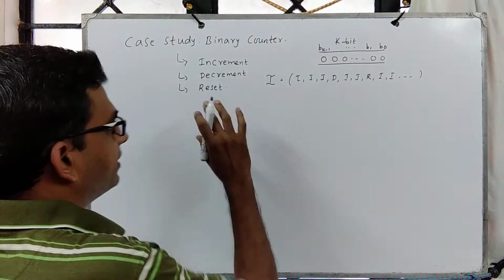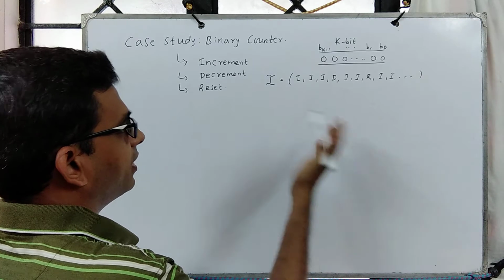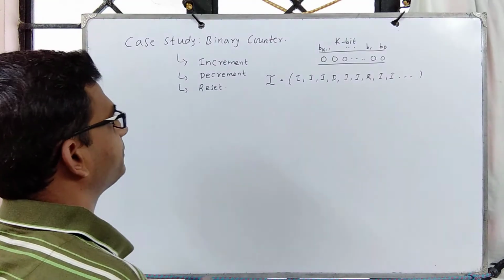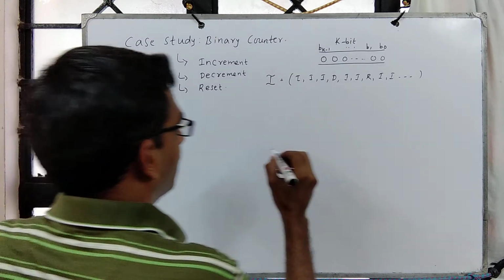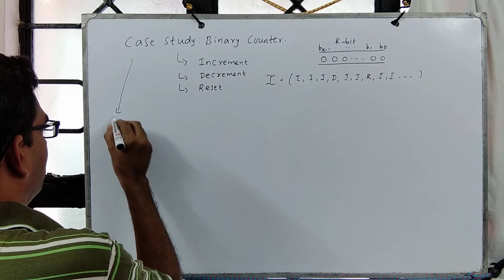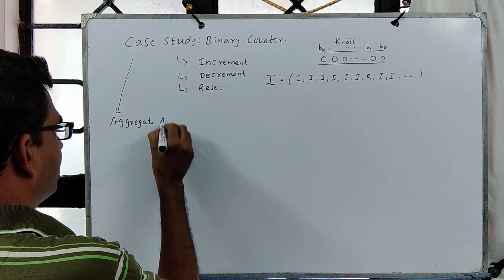If you do a classical analysis, what would be the cost, and if you do amortized analysis, what would be the cost? Both we shall see now. Let's do the first method. Let's analyze using aggregate analysis.